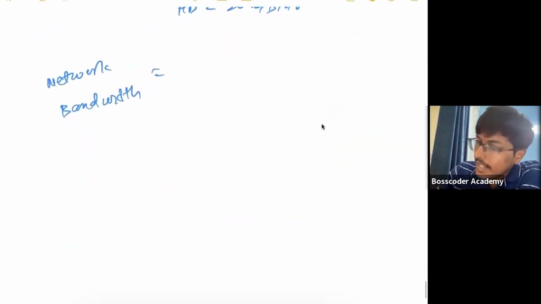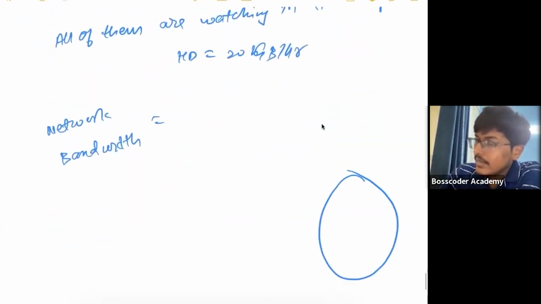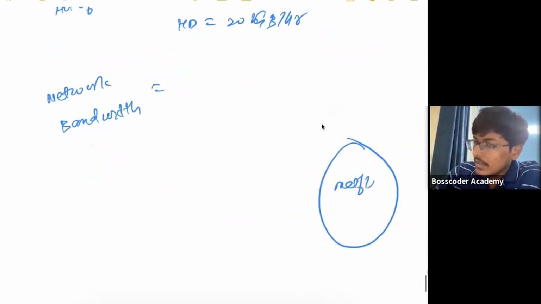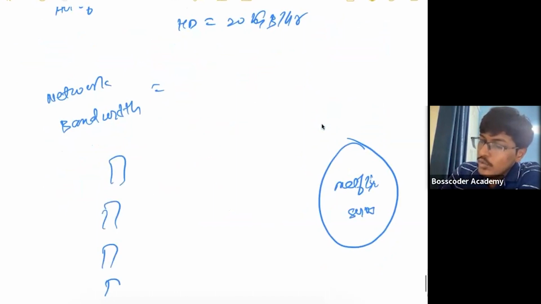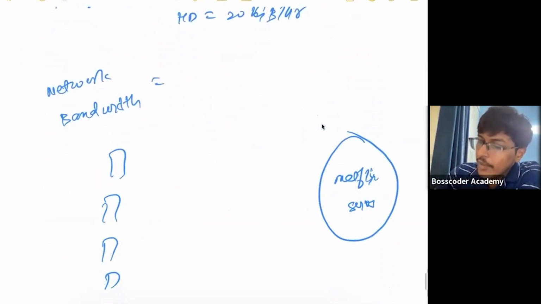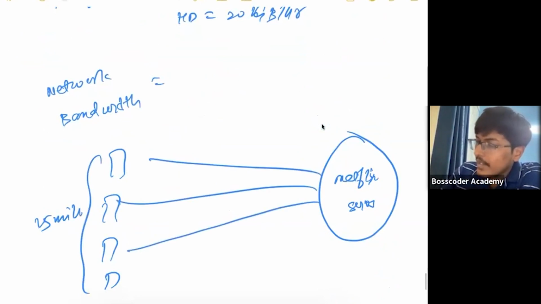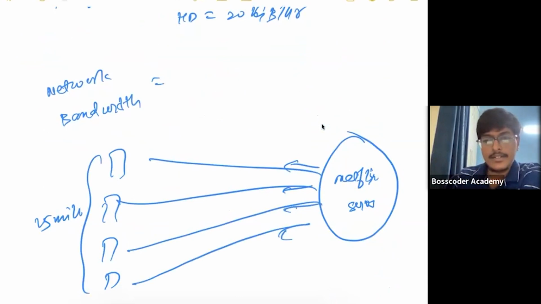If this is the Netflix server, then all these 25 million users on different devices are connected to the Netflix server and asking for packets of information. Is this making sense?